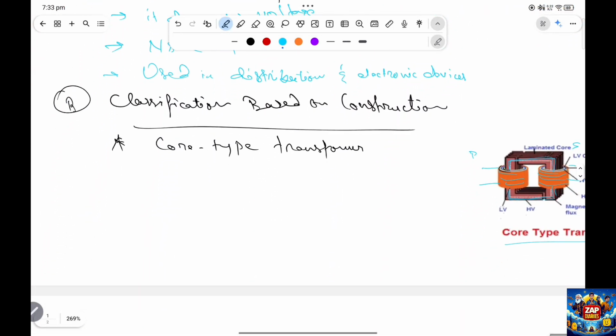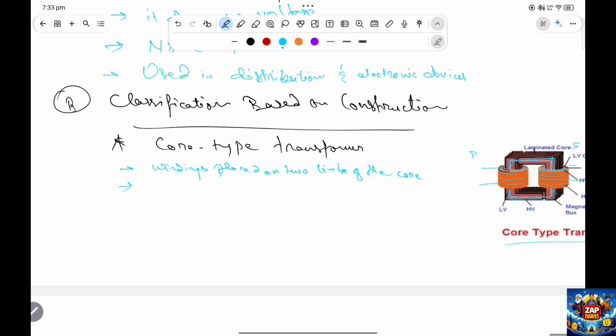So let's simplify this. What are the observations? Windings are placed on two limbs of the core. So this is the core, and windings are placed on the two limbs. You can consider this as a limb.